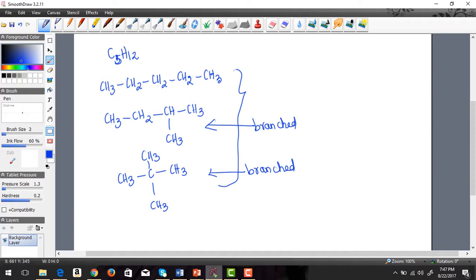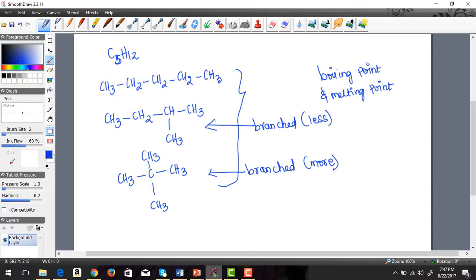Obviously this is less branched. Of the two, this is more branched. Okay, keep this in mind, because we are going to talk about boiling point and melting point. Again, this is not as straightforward as general chemistry concepts are, but I will try my best to get my point across.